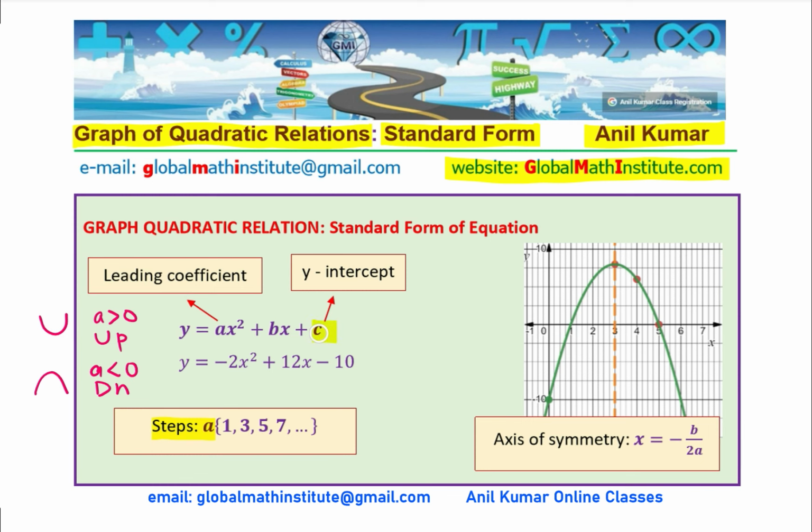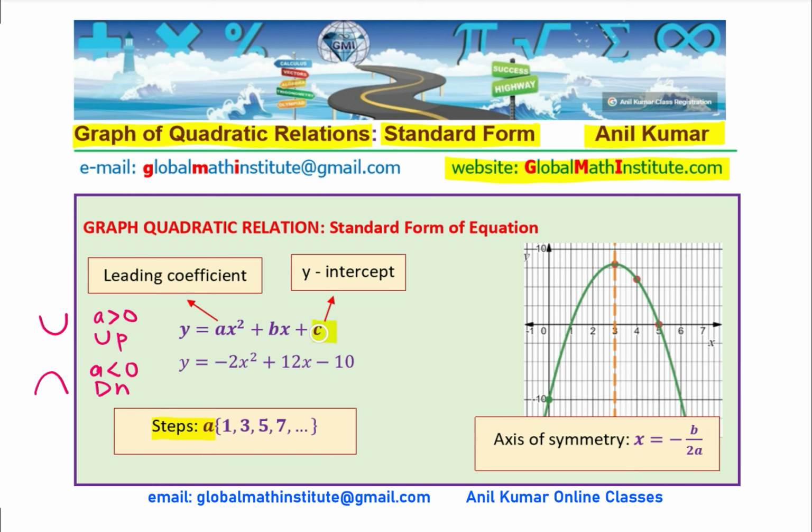Now, how do we get the vertex? That's the critical part. Here you also see an orange line which is called the axis of symmetry. We can actually obtain the axis of symmetry from the standard form of the equation.